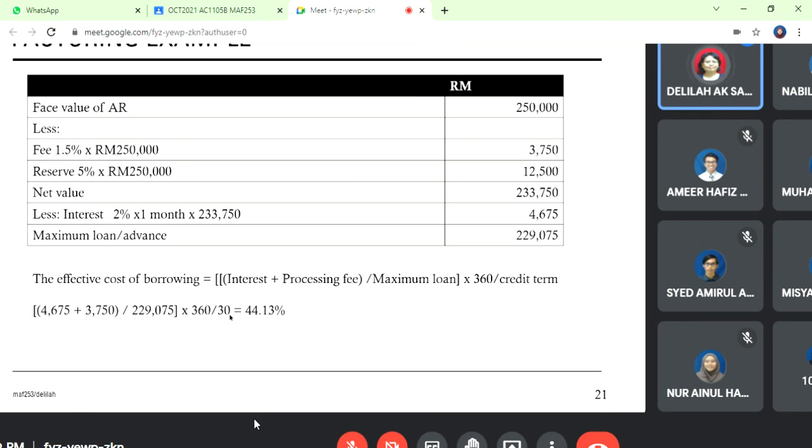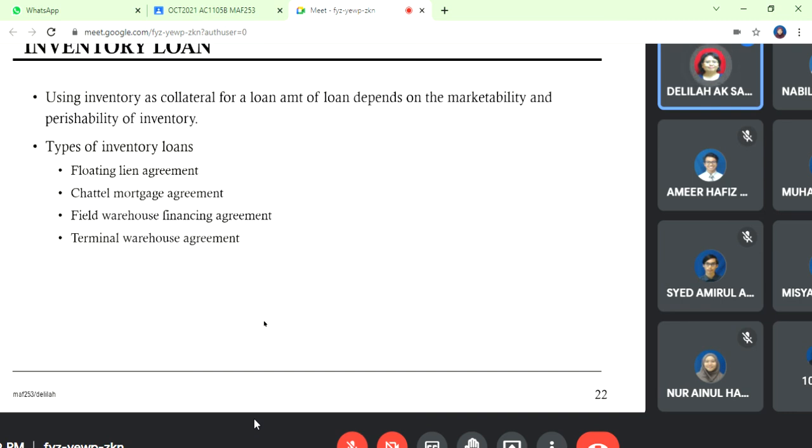So 360 divided by 30 days. So the effective cost of borrowing is 44.13%. So this is an example of when you borrow money using the accounts receivable.